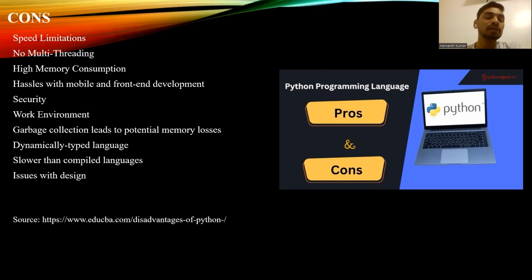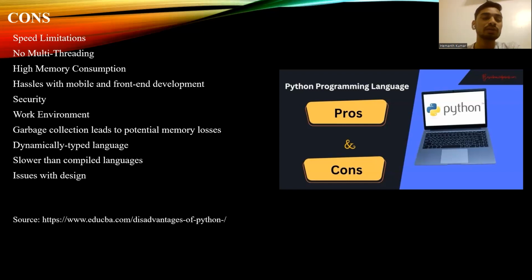And going ahead into the next slide, we have consequences of Python. The main consequences of Python are speed limitations, and it also does not support multi-threading, and it consumes very high memory, and it's not suitable for mobile and front end development.